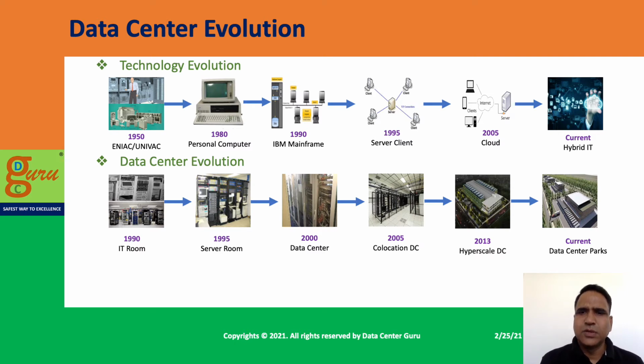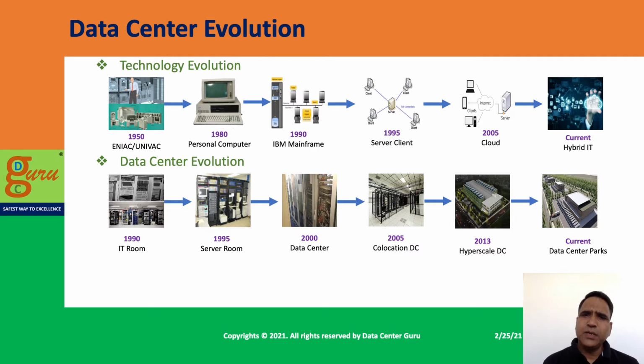It was occupying shared space in the office area. However, in 1995 people started dedicating some space for servers. They called it a server room, and they used to provide a special kind of air conditioning environment to take care of it, and also power connectivity to survive.